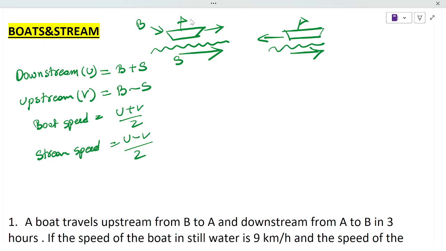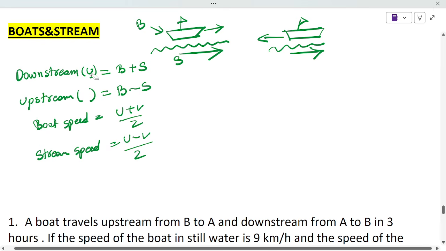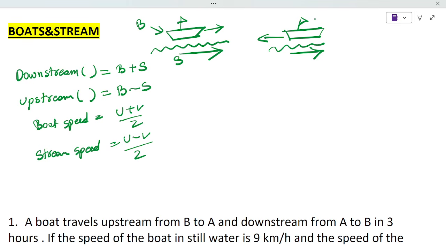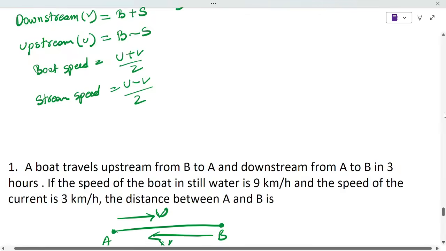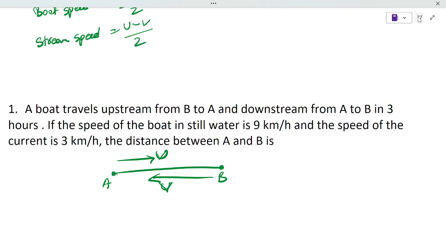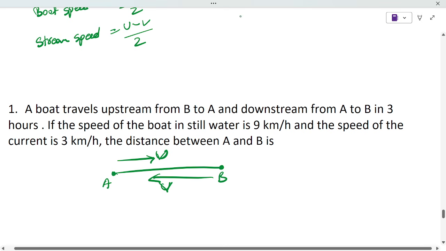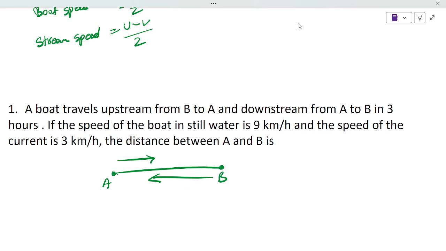Let's say upstream is U, downstream is V, because upstream starts from V U. So even here we'll change it. Upstream is U, downstream is V.